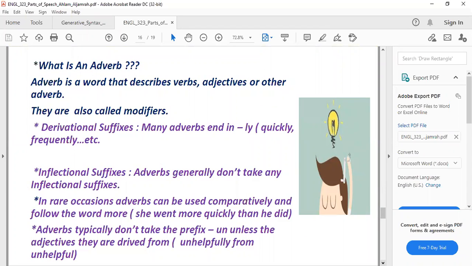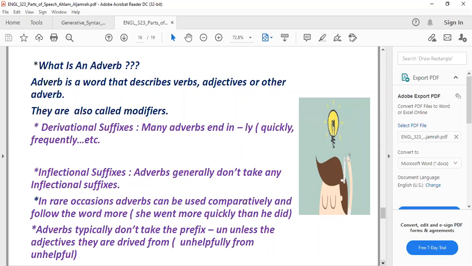Now the last part, adverbs. What is an adverb? An adverb is a word that describes verbs, adjectives, or other adverbs. They are also called modifiers. Derivational suffixes: many adverbs end in -ly, quickly, frequently, etc. Inflectional suffixes: adverbs generally don't take any inflectional suffixes.